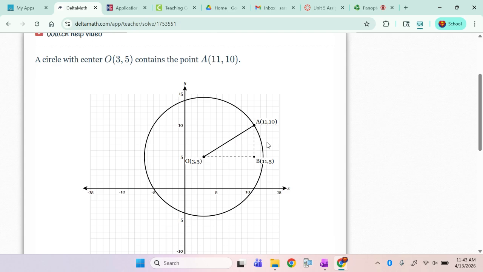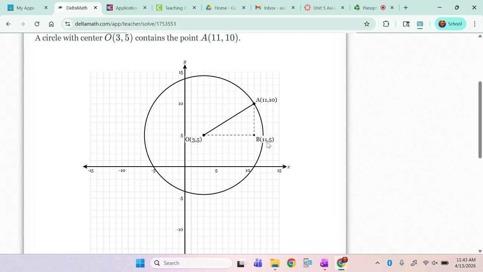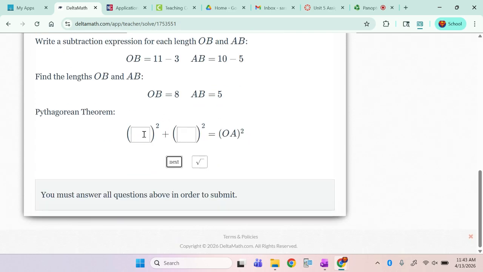So what am I going to put here? 8. What am I going to put here? 5. So far, I'm just going to write off to the side, I have 8 squared plus 5 squared is equal to OA squared.